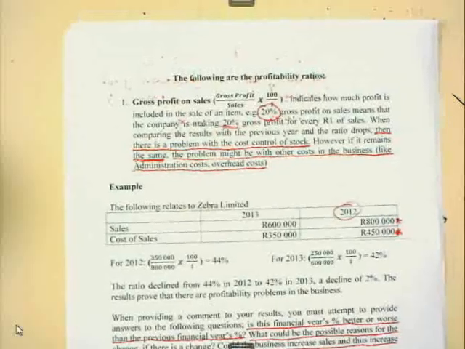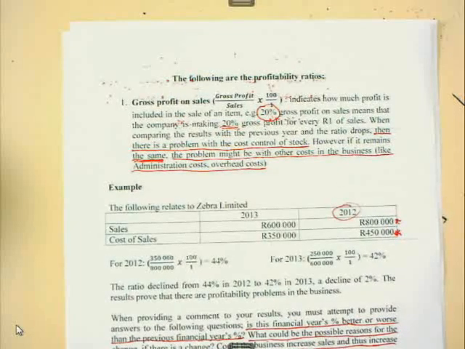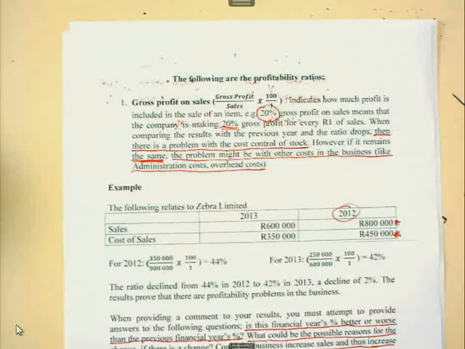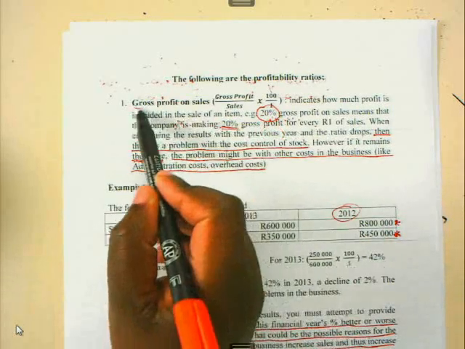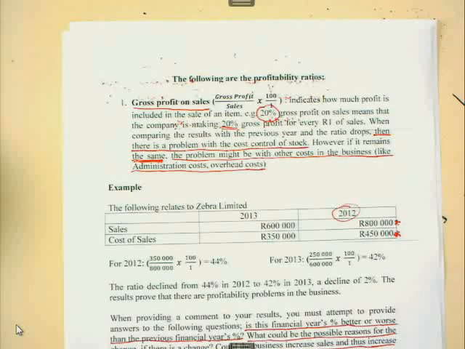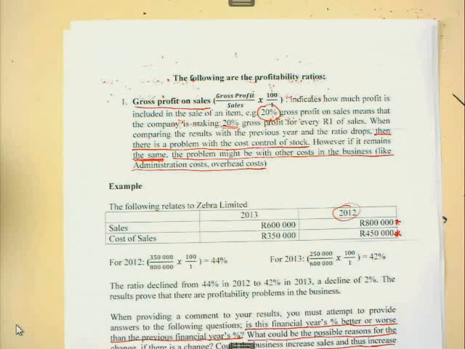Let me go back a bit as a form of demonstration for what I've just said. And thank you very much, Tandega, for the question. Here, the first profitability ratio that we dealt with, you are requested to calculate gross profit on sales, because you must take gross profit and divide it by something.